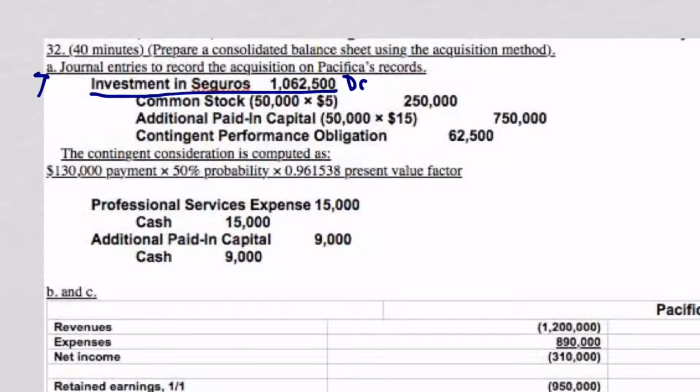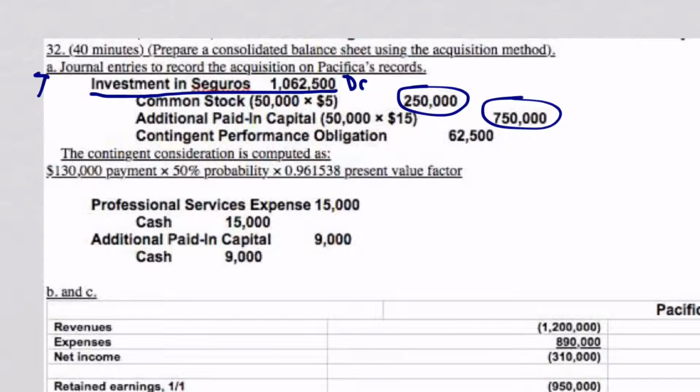This recognizes the common stock broken down between the par value and the paid-in capital. It's simply done by, number one, knowing what the fair value of the total stock is, and they give you that. It's $20 a share, and 50,000 shares are issued, hence $1 million. 250 and 750 is still $1 million according to my calculator. But $5 goes to the common stock because that's the legal par value.